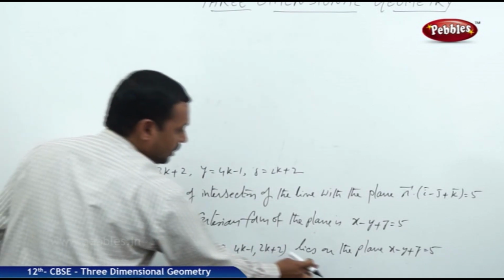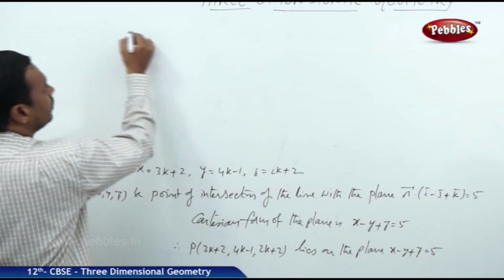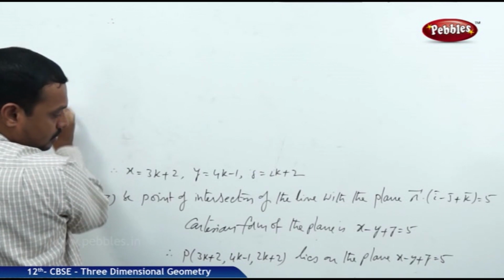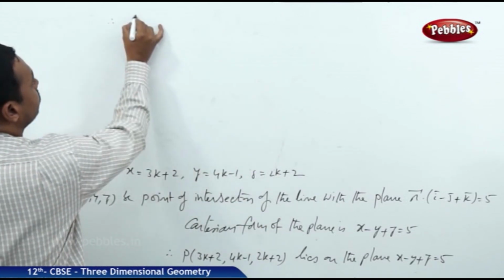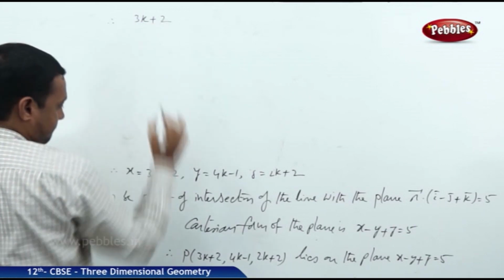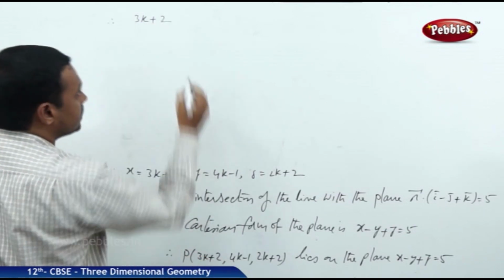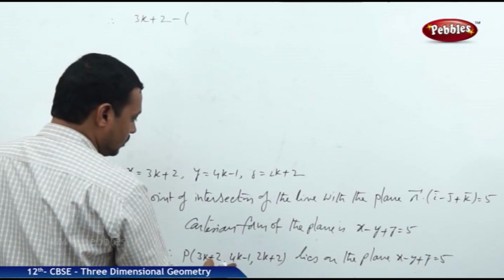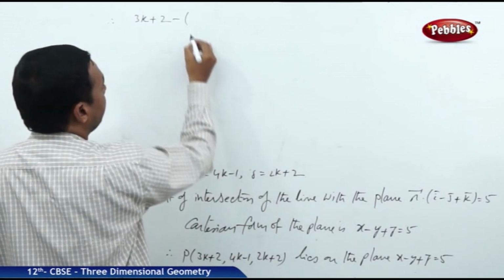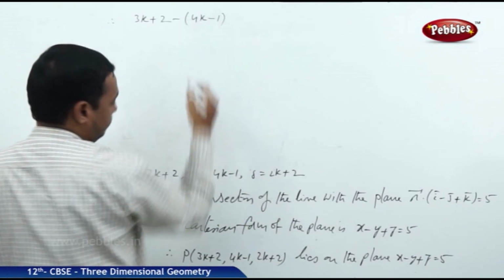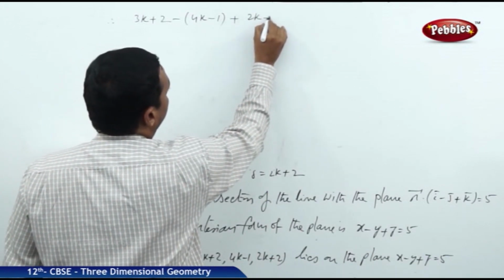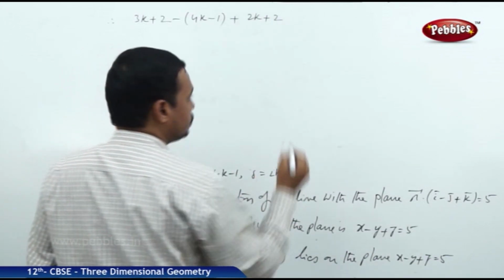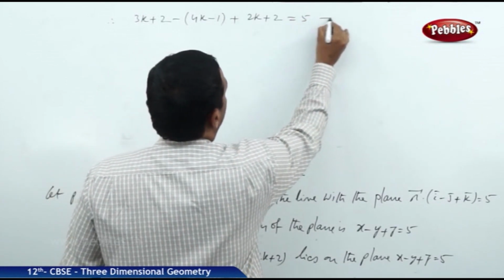Substituting this point, therefore (3k plus 2) minus (4k minus 1) plus (2k plus 2) is equal to 5.